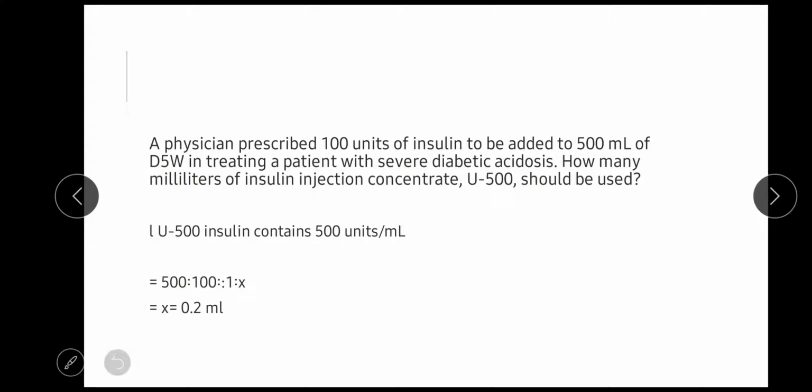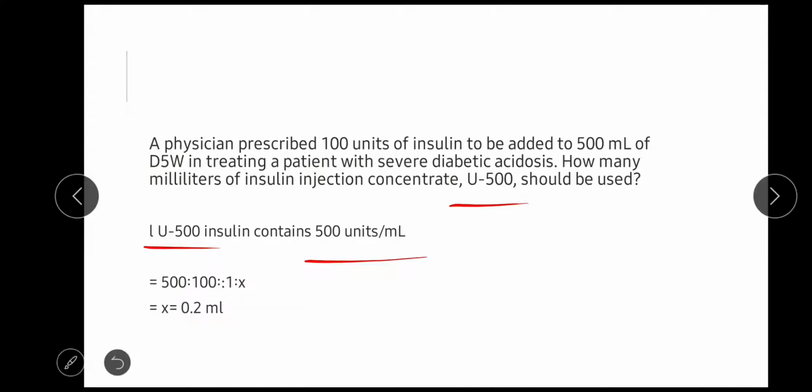Next, a physician prescribed 100 units of insulin to be added to 500 ml of D5 water in treating a patient with severe diabetic acidosis. How many milliliters of insulin injection concentrate U500 should be used? U500 is the given here. Earlier U100 was 100 units per ml; here, U500 is 500 units per ml.